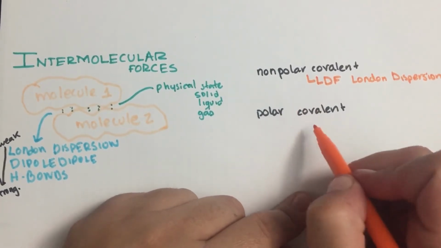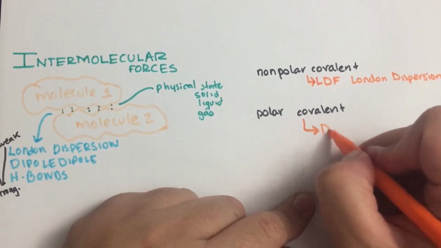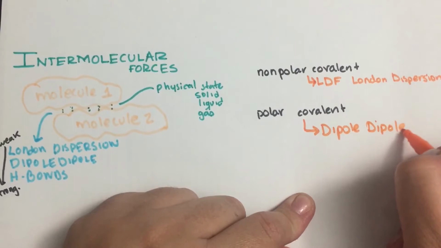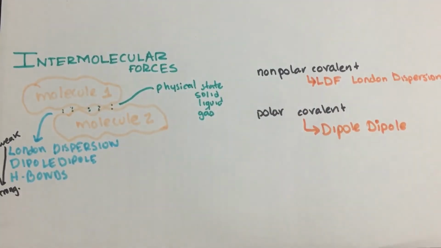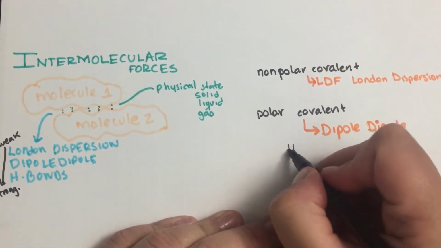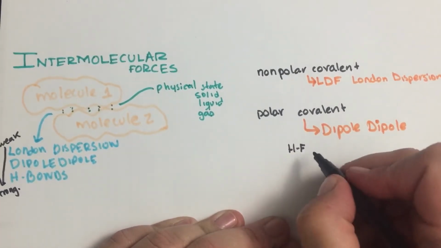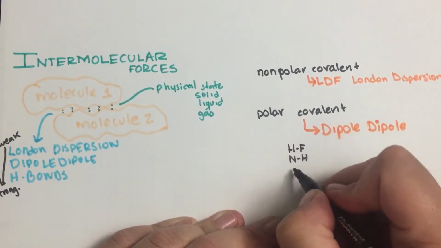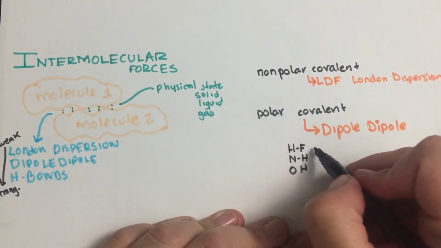If you find polar covalent bonds, what you will have are dipole force. All right, so just check the inside of the molecule, okay? And then finally, if you find a polar covalent, but that polar covalent is made up of HF, or NH, or OH, okay, this could be inverted.